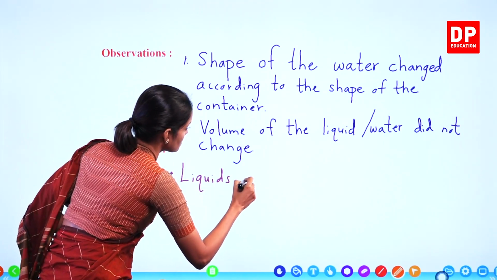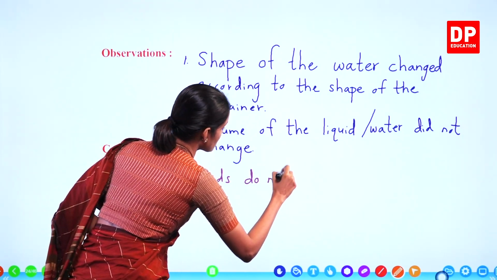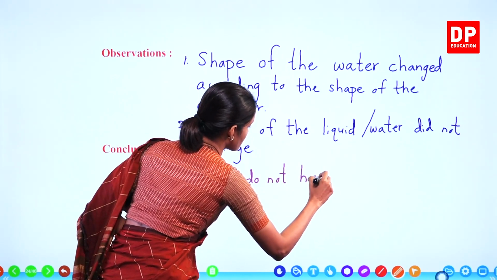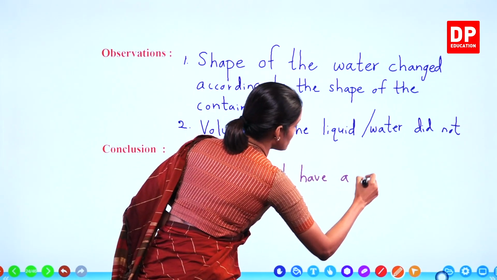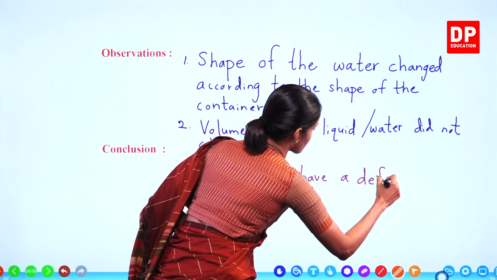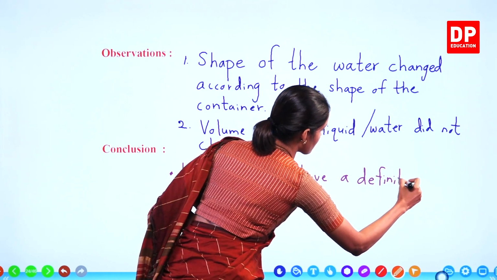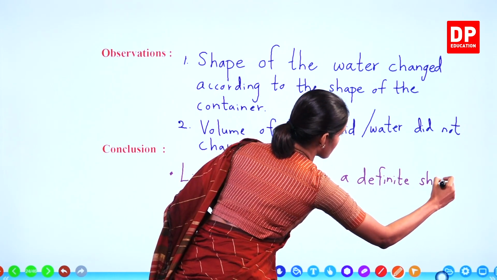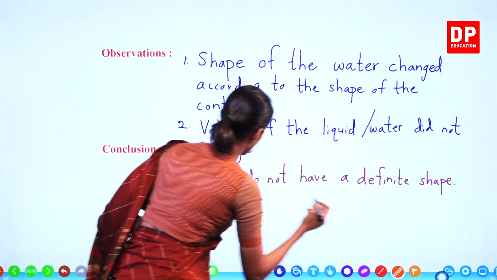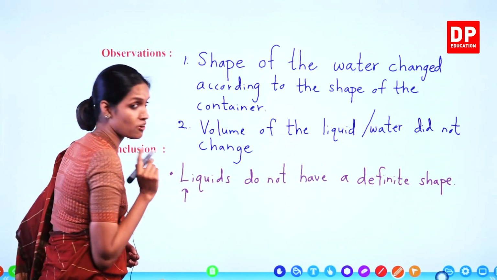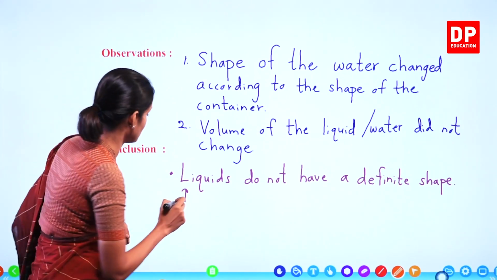Conclusion. Liquids do not have a definite shape. It takes the shape of the what? Container.